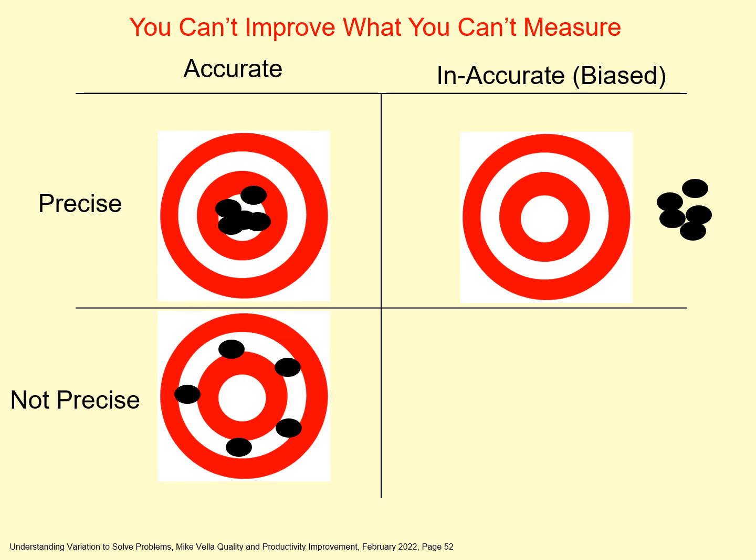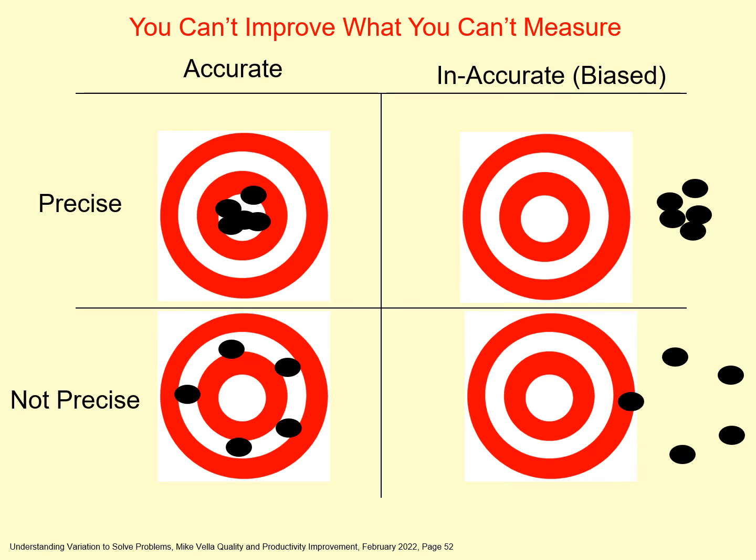As opposed to, on the right-hand side, it would be precise but not accurate. Somehow, if we could shift that tight group to the left, it would be accurate and precise. The lower left-hand quadrant, certainly that's not precise. That's accurate, which is pretty much in the middle of the target, but it's simply not precise. And worst case situation, you could be inaccurate and imprecise.